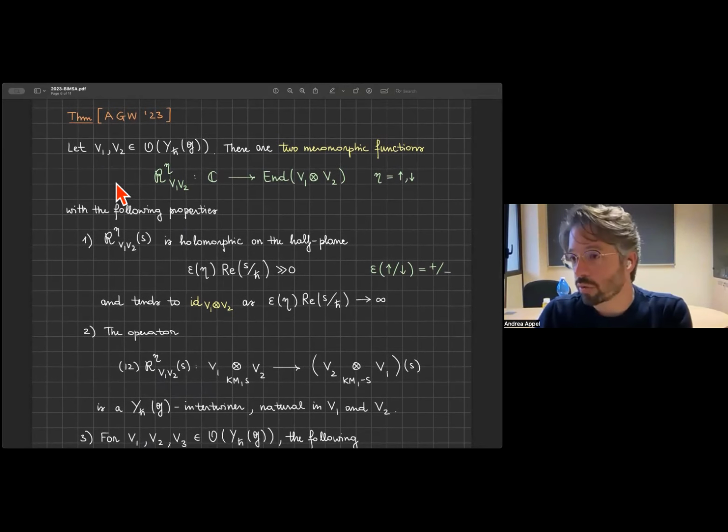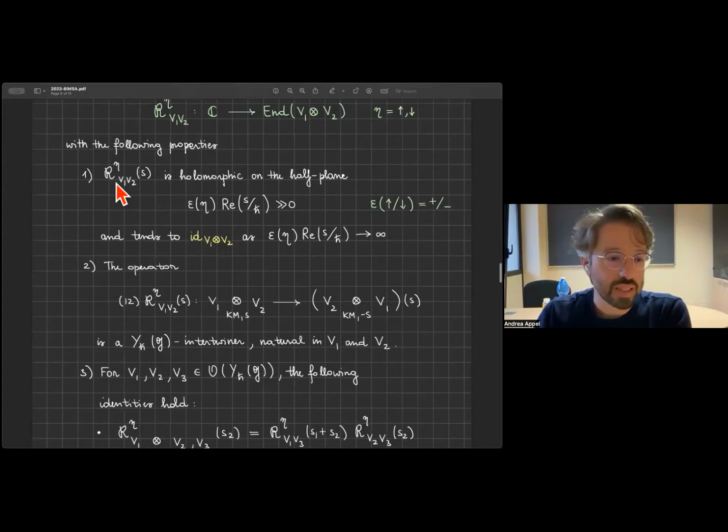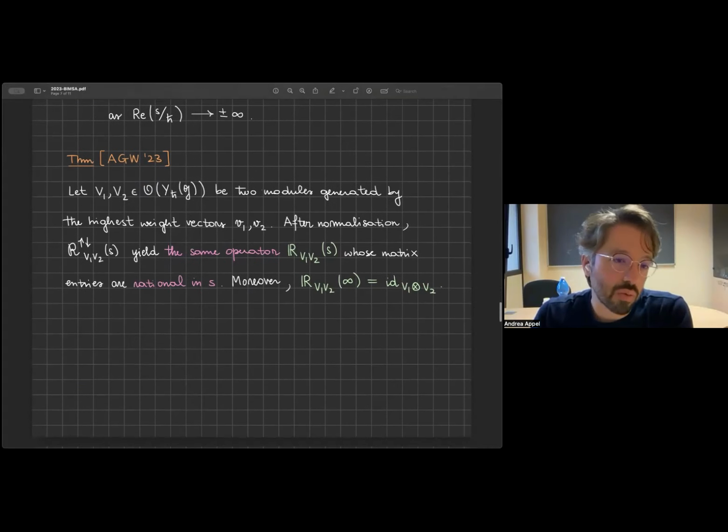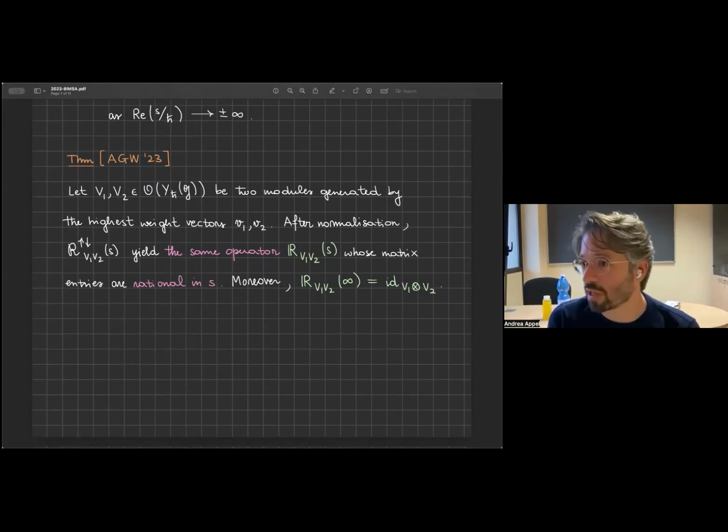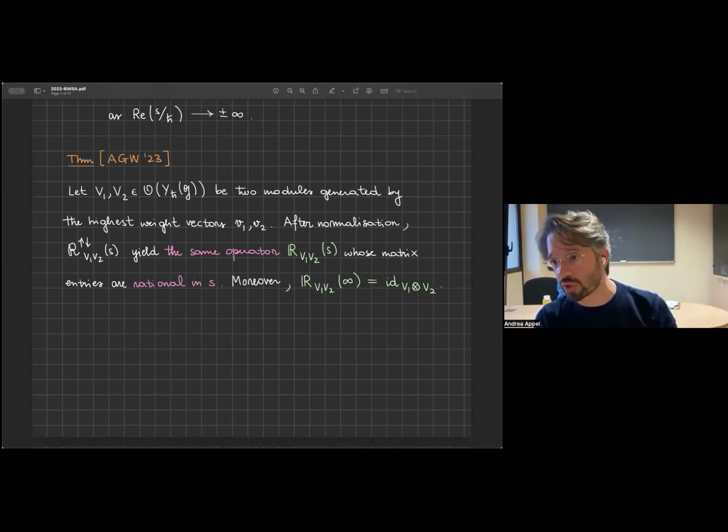And so, what can we say about rationality in this context? The interesting thing is that we get a result similar to that of Drinfeld, but in a certain sense a little bit more general even in this setting. We look at two highest weight modules generated by two highest weight vectors V1 and V2, and in this setting we can apply a normalization procedure on this tensor product V1 tensor V2.